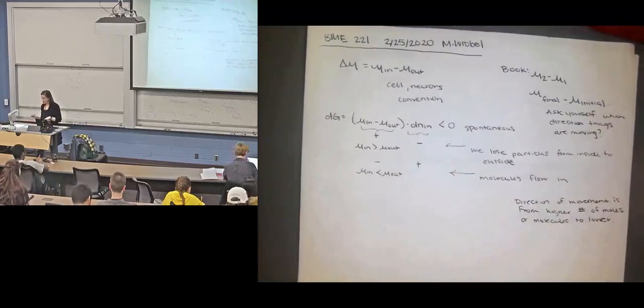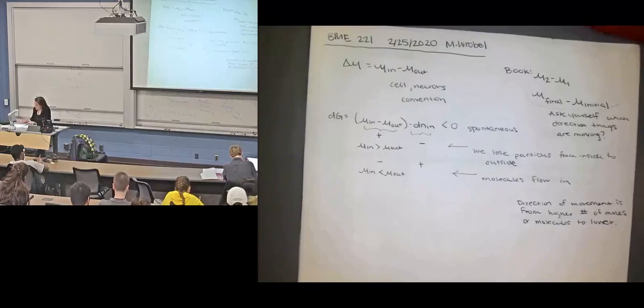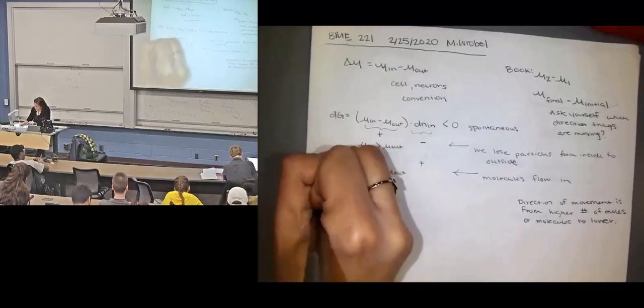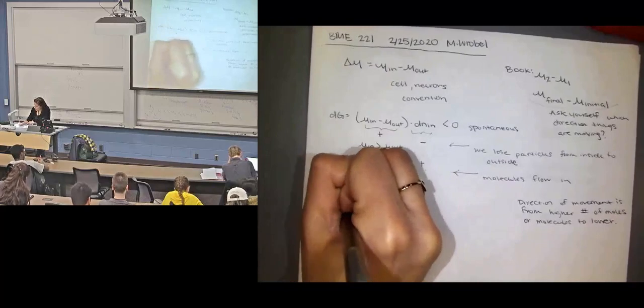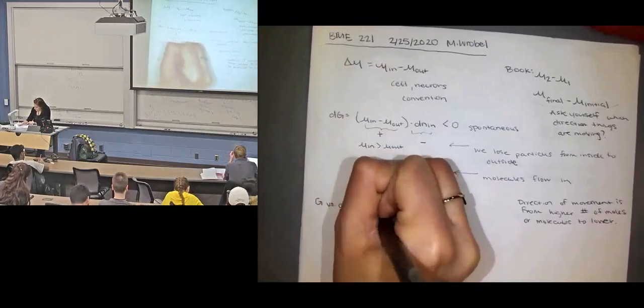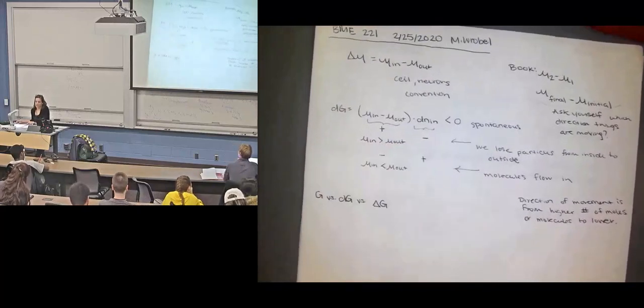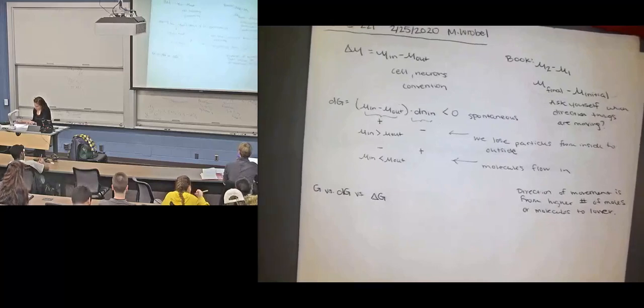And these are some notes I actually provided. This set of notes is already available online. If you looked at the handwritten notes from last time, I put these there. I'll go through it quickly again. Something to pay attention to, and I just mentioned this, is the difference between G versus dG versus delta G. These are not all the same.